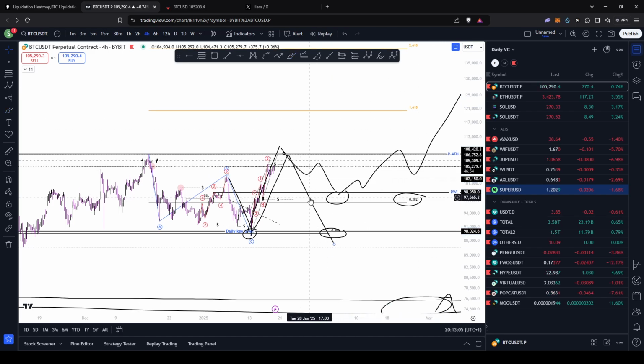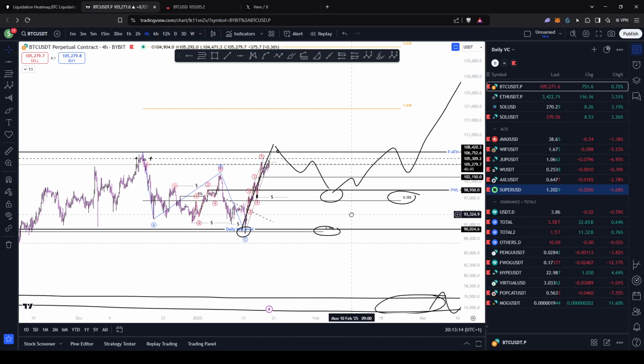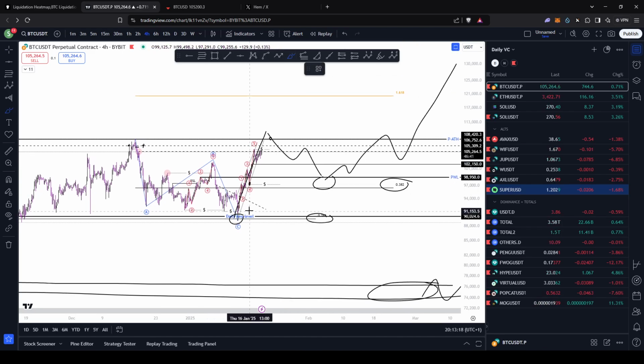That's not really a bearish structure either. It would just scare most people off if you get that big of a pullback. It's unlikely, but if you do get it, and you take out these lows right here, and you tap into this 88k level, we are still looking for higher.